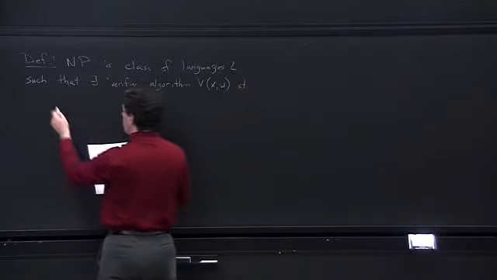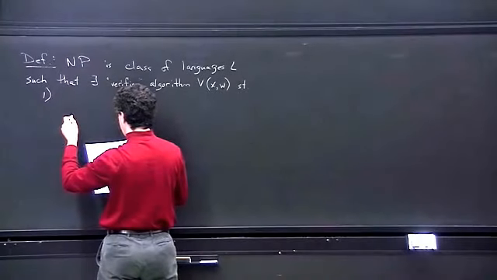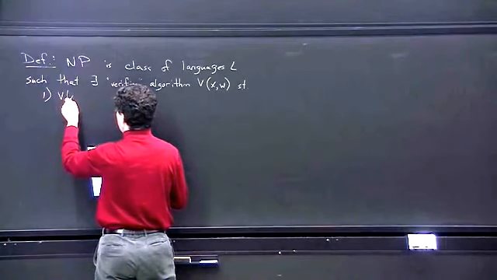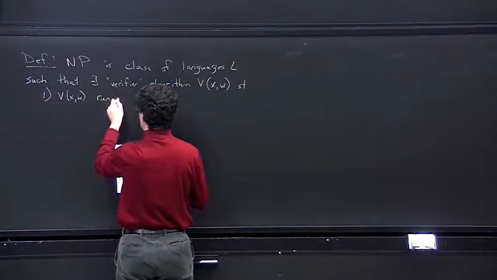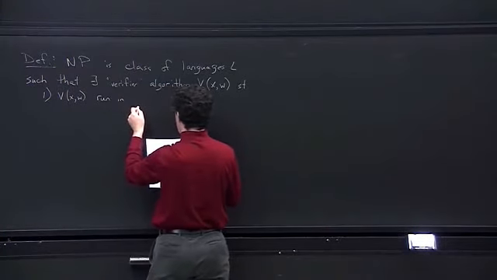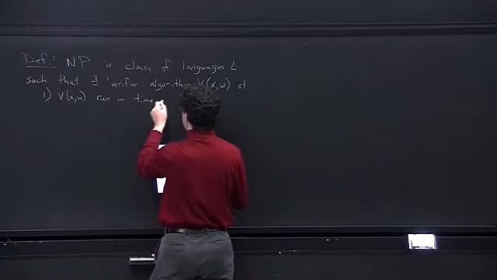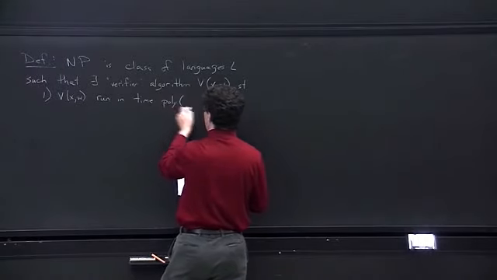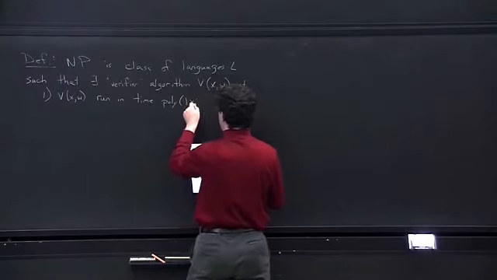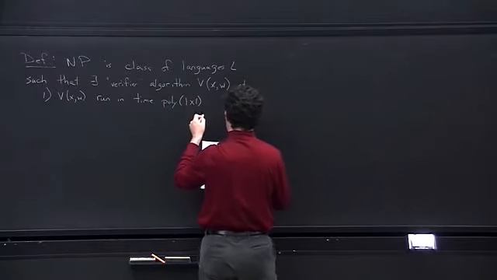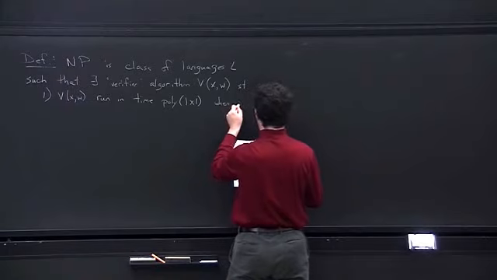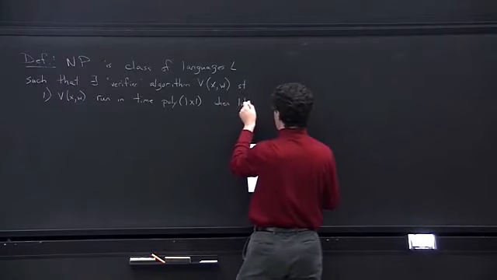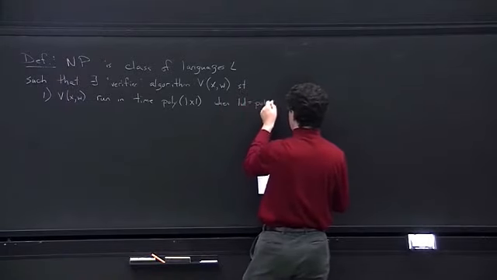And we want this algorithm to have three properties. First of all, it should run in time polynomial in the size of x, when the size of w is also polynomial in x.